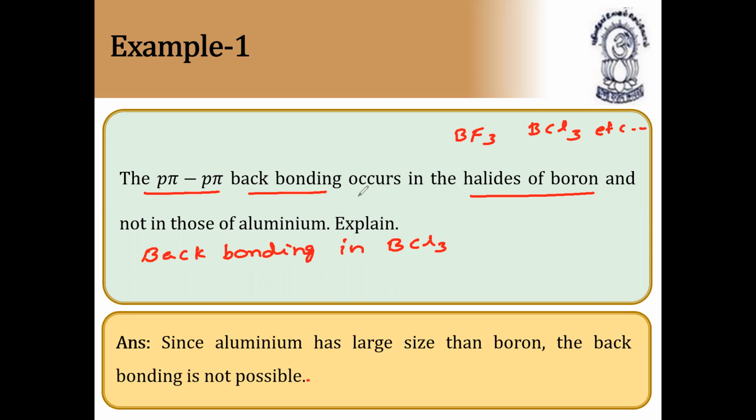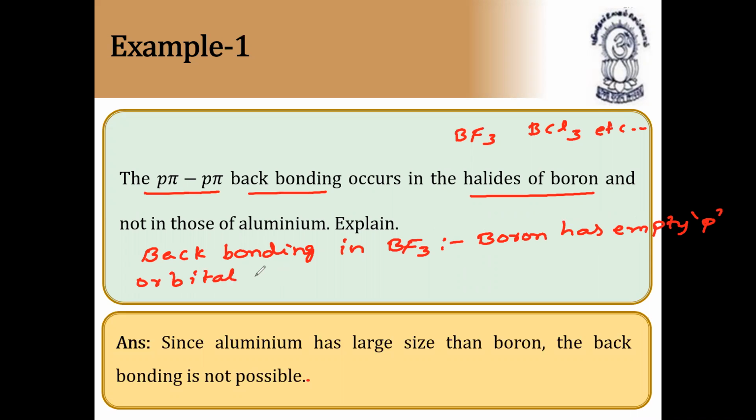In BF3, let us say, all trihalides of boron: boron has an empty p orbital. Why? Because its configuration is ns2 np1 only.